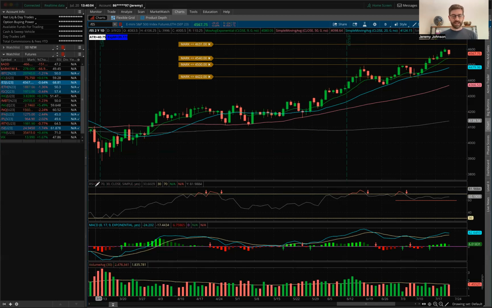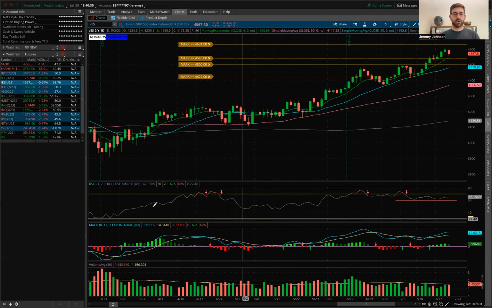RSI is the Relative Strength Index, and it is a momentum indicator. It tells us the speed and magnitude of price changes. It is going to help us determine if a stock is overbought or oversold. You'll see on this RSI chart I have two lines, one at the 70 mark, this top one in yellow, and one at the bottom at 30.